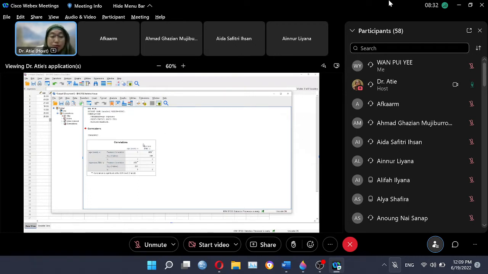Okay. So here, what you can see now is the Pearson correlation. This is the one that you need to take your answer from, right? So this is your R value. So what we can do, just write the answer for part B. R is equal to 0.959.